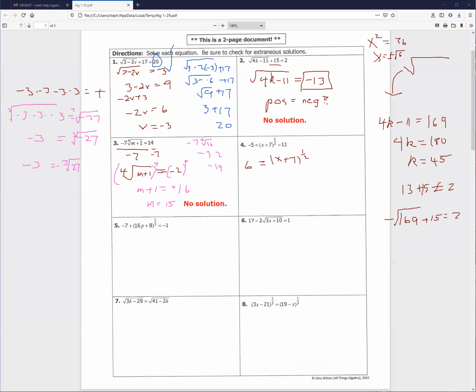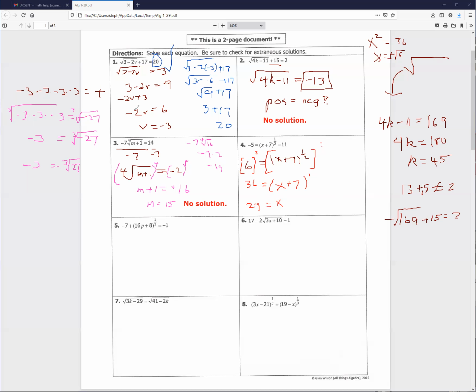Well, if we use our exponent properties, we should say, well, let's just take this to the second power and this to the second power. And when we do 1/2 squared, that's power to a power. We multiply the powers and we get x plus 7 to the first equals 6 squared is 36. And to the first power is, of course, just the quantity itself. So now we'll subtract 7 from both sides and get x equals 29.